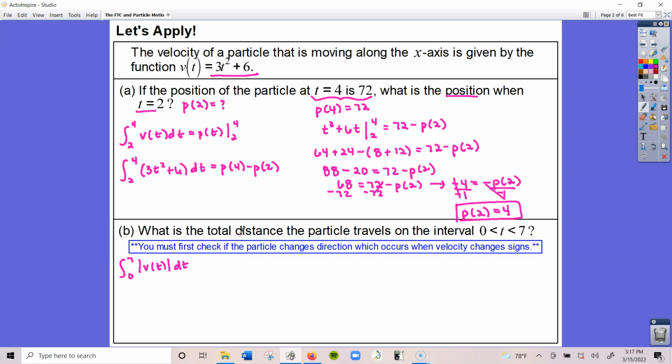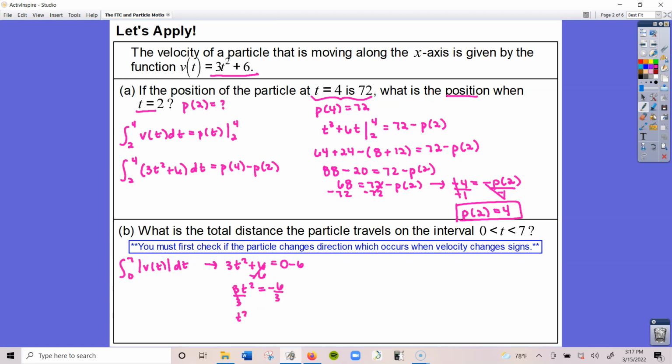So I'm going to take my velocity equation, which is 3t squared plus 6, and I'm going to make it equal to 0. Since that's how we get if it changes signs, is if it equals 0, and then we do our number line to check. So I'm going to subtract 6. So we get 3t squared is equal to negative 6. Divide by 3.